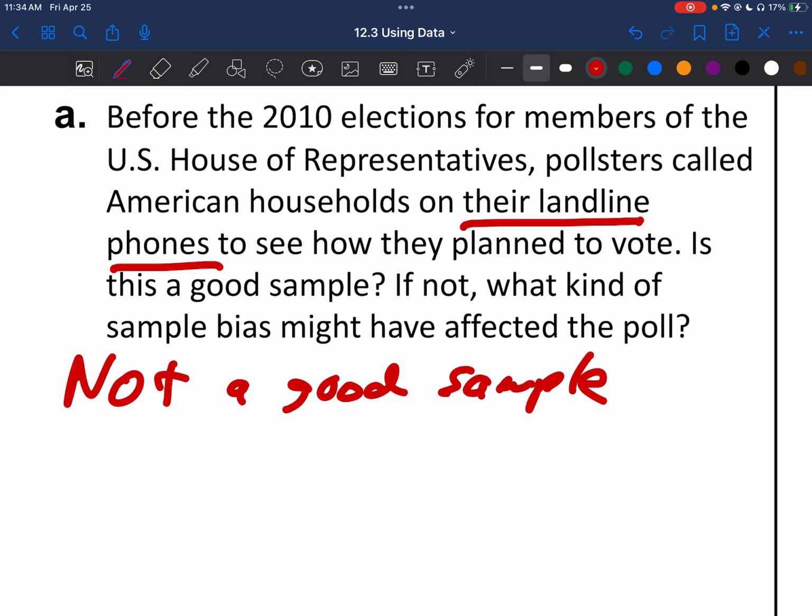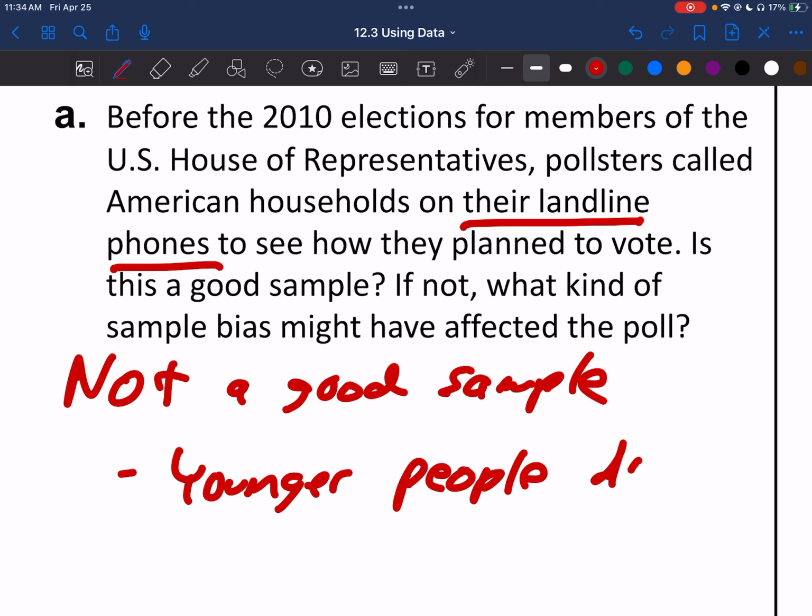And the reason being is not a lot of younger people have landlines. So a lot of younger people, and I'm one of them, don't have landlines.